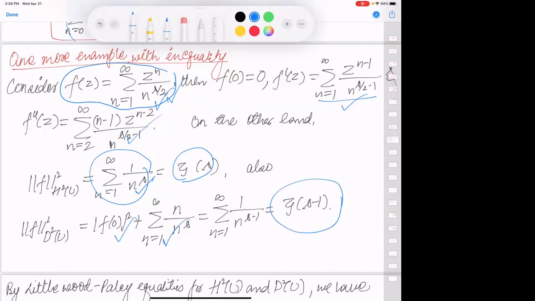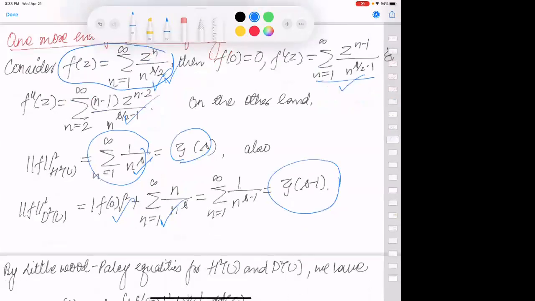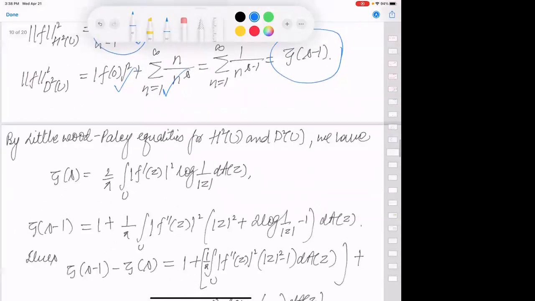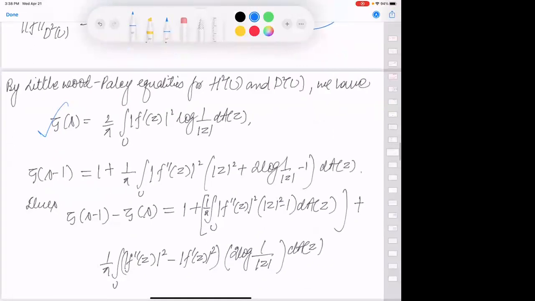So now I wanted to have this connection: is it possible to connect with the Riemann zeta function? Is there any connection with the Riemann zeta function also? Let's go further and see whether we have any connection or not. With the Littlewood-Paley equality for Hardy, this is true, and with the Littlewood-Paley equality for Dirichlet, this is true.